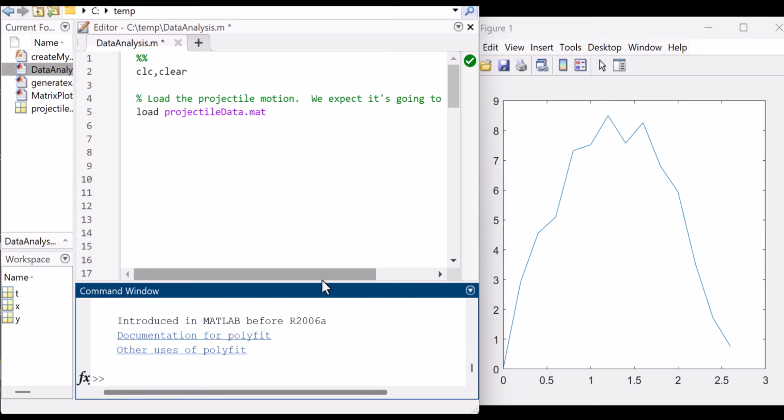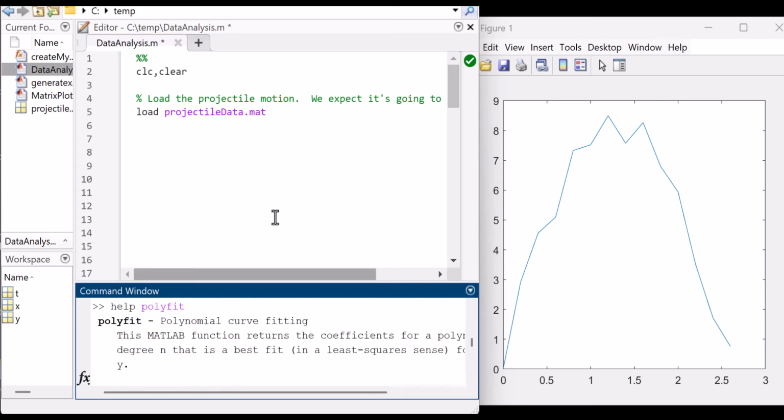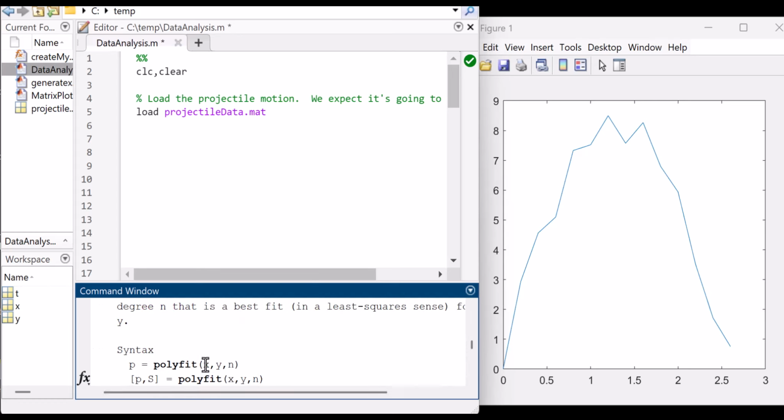So I'm going to polyfit it, and basically the way polyfit works is I give it my x and my y values, and it's going to be an nth degree polynomial.